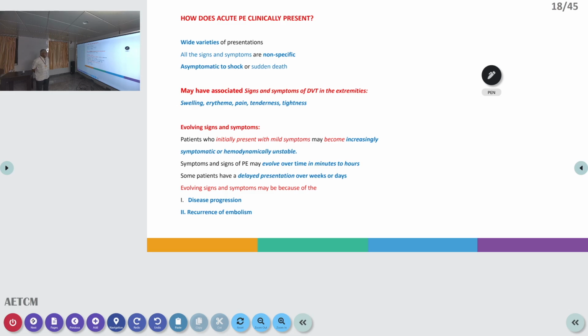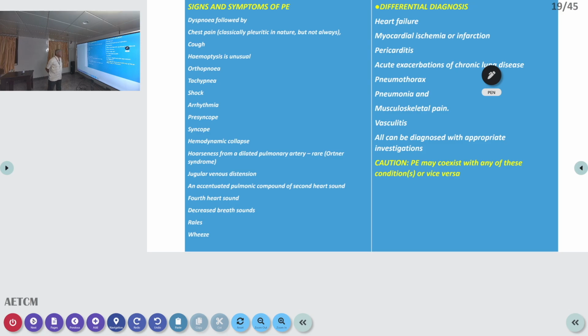Sometimes this evolving of the symptoms may happen in minutes to hours, or it may be delayed over weeks or days. The cause for the evolving signs and symptoms may be either that the pulmonary embolism disease itself is progressing, or there may be recurrence of the embolism after the treatment has been instituted.